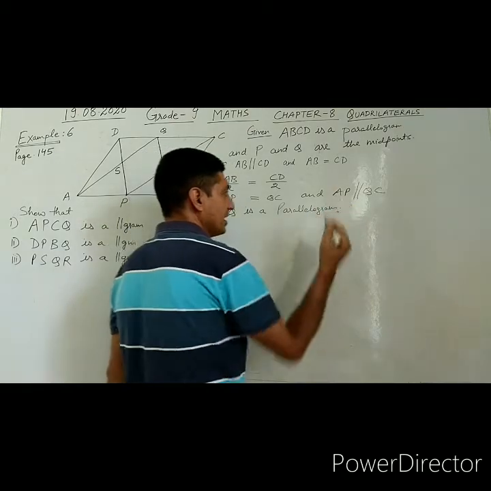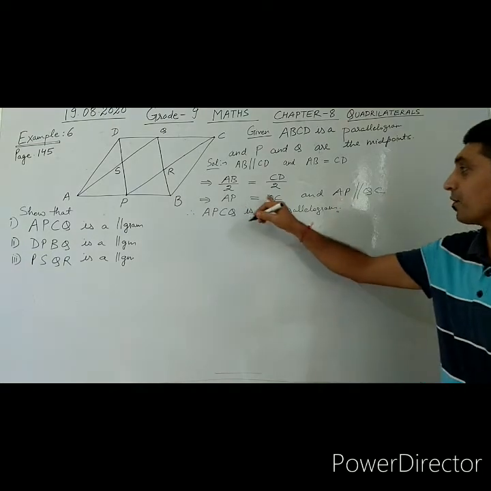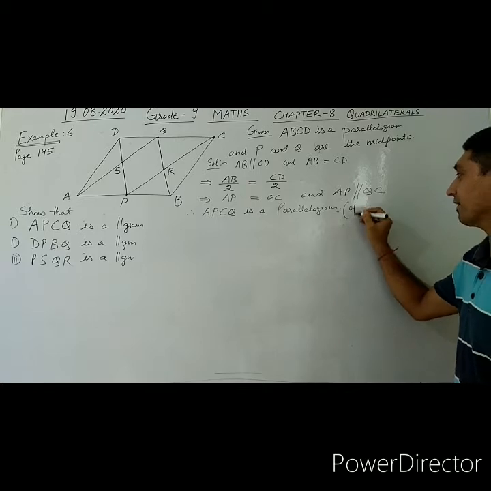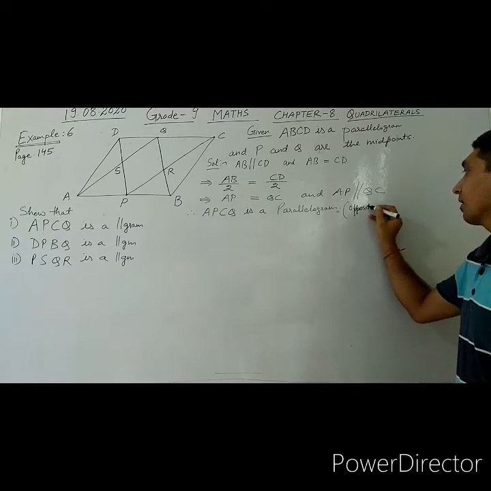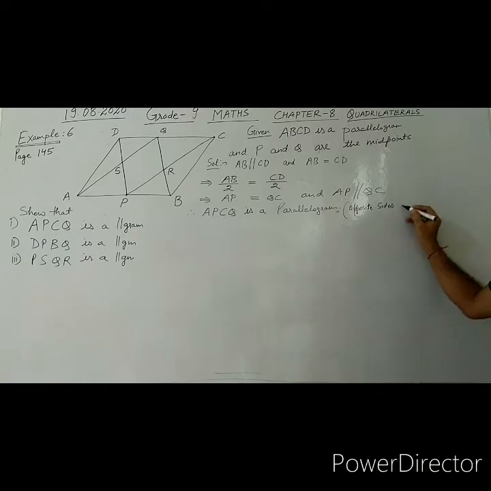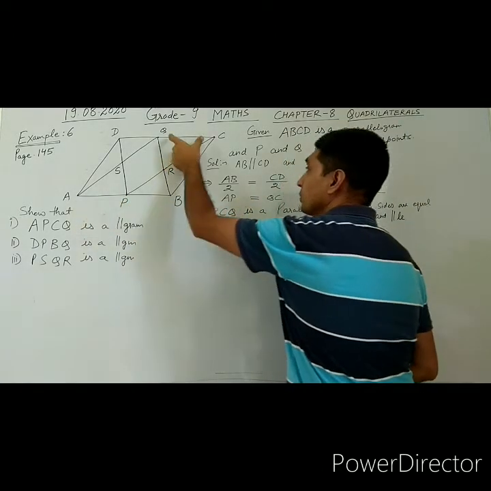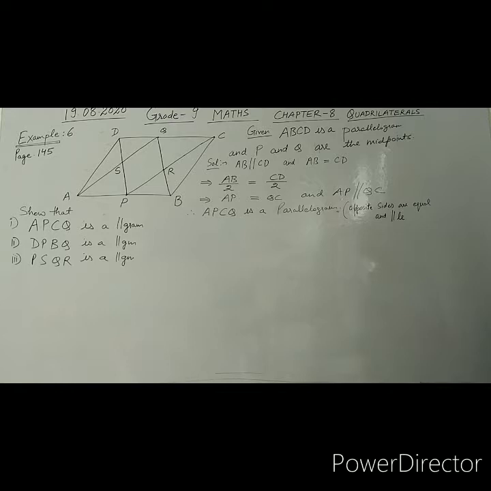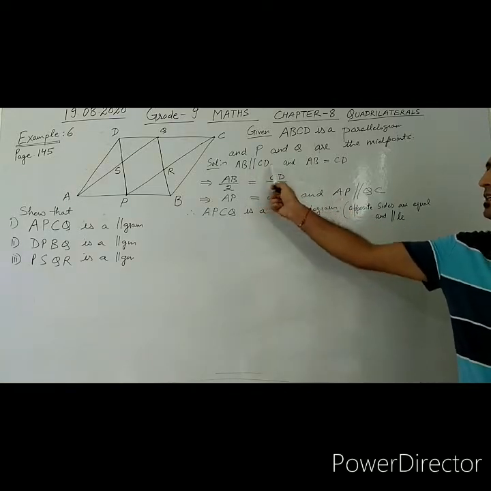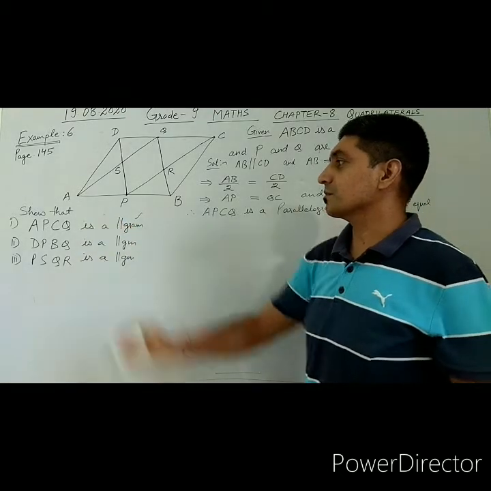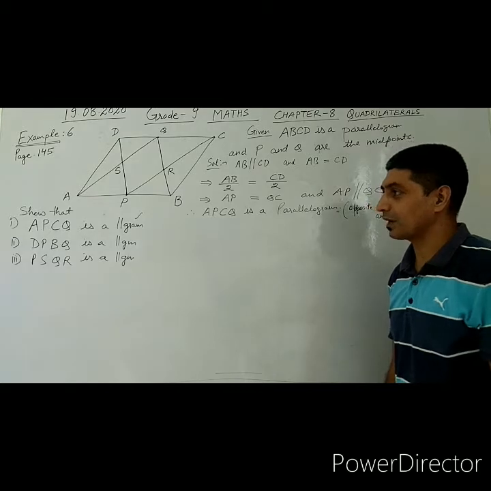So I hope it is clear why it is a parallelogram, because opposite sides are equal and parallel. The opposite sides, AP is equal to QC, and AP is parallel to QC, because already AB and CD are parallel, right? So this is about the first part, which is to show that APCQ is a parallelogram.